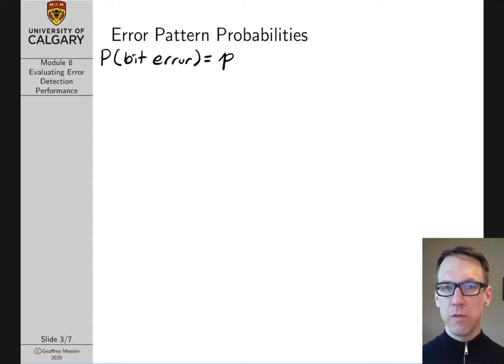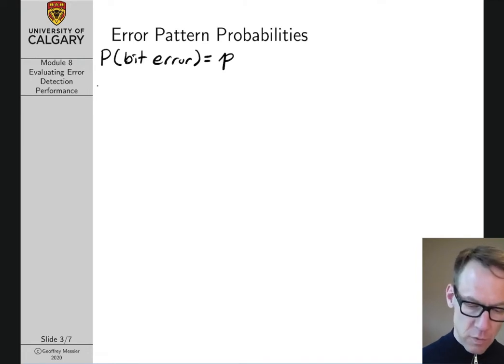So let's start by considering a specific error pattern. Let's consider a 4-bit packet and determine the probability that the second and third bits are bad.